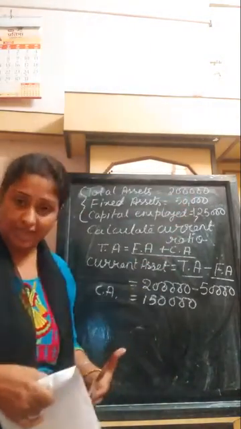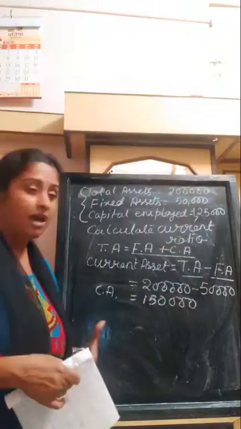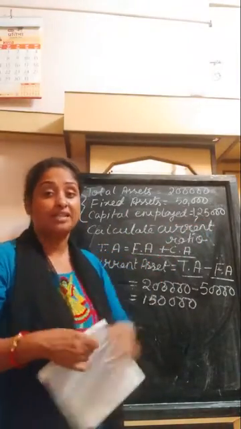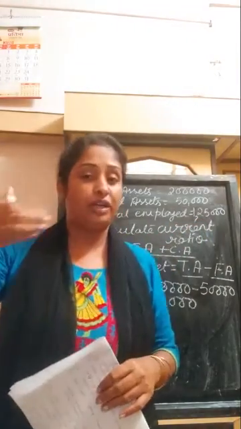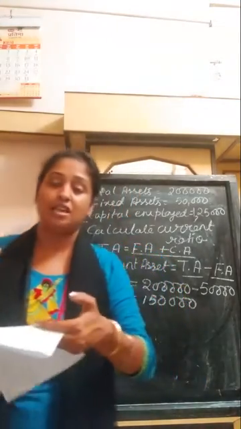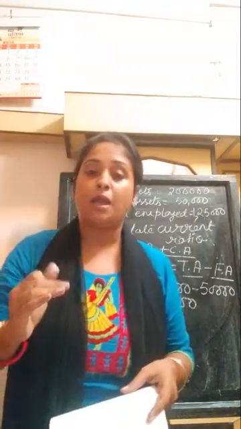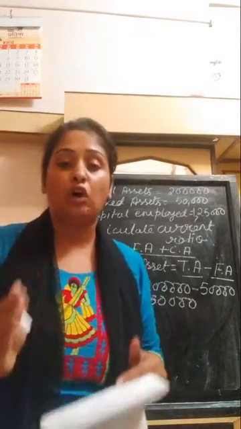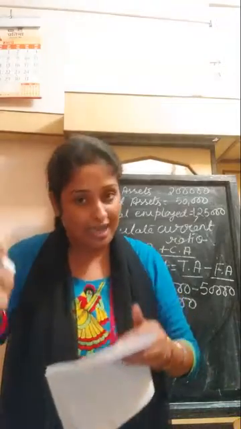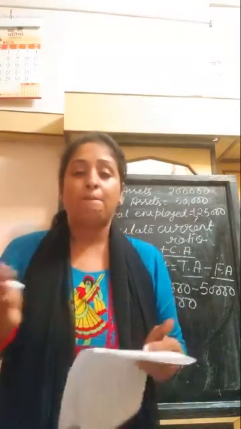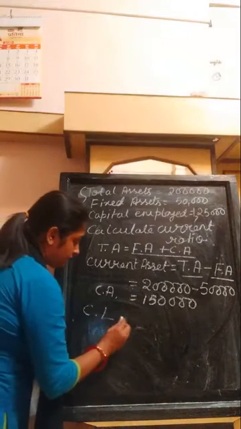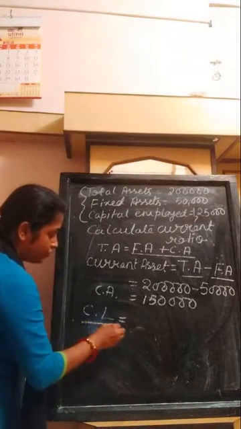From that total of the liability side, if we deduct the capital employed, that is the capital part of the liability side, what we get is the current liability. So current liability is the result of deducting the capital employed from the total liability side or total asset side, both are same. Current liability, CL, I am using the short form.